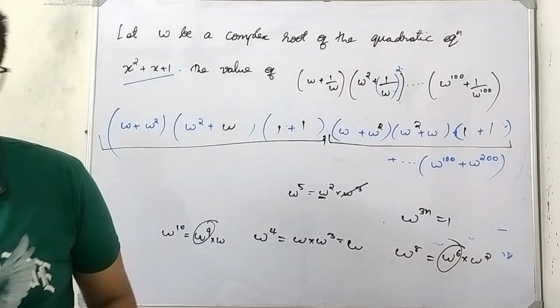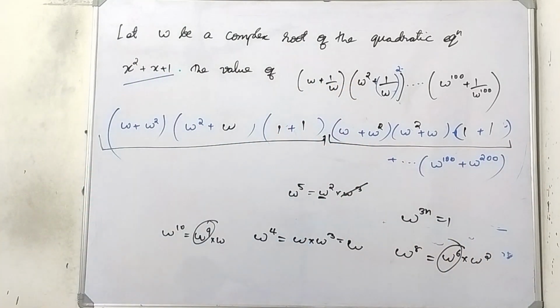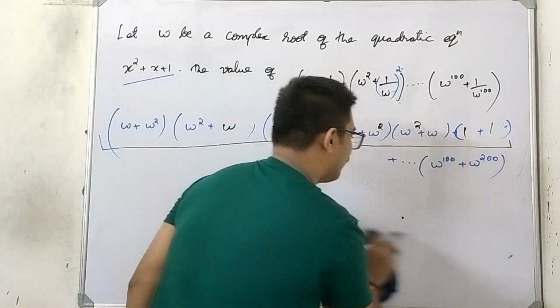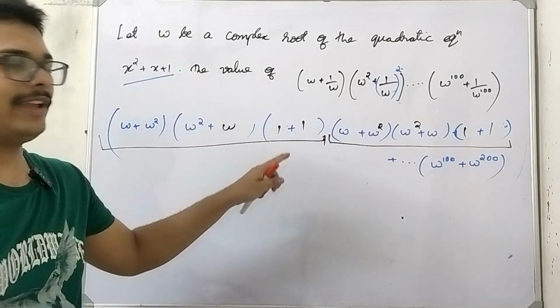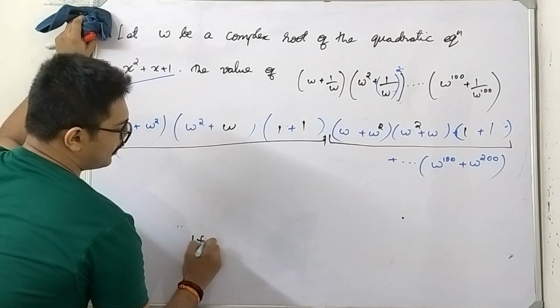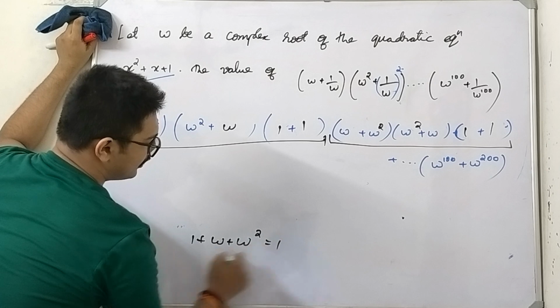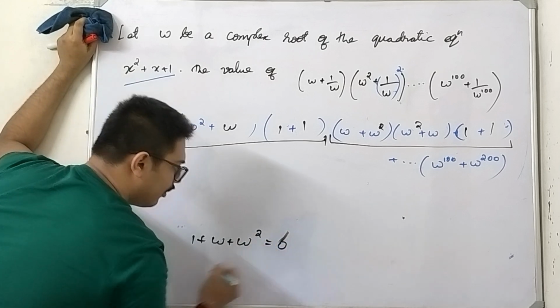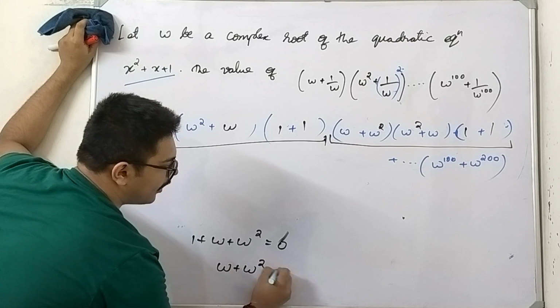If you take any 3 consecutive sets, the values keep on repeating, which means we need to find the value of the first 3, and then we can take the power. 1 plus omega plus omega square equals 0, which means omega plus omega square equals minus 1.